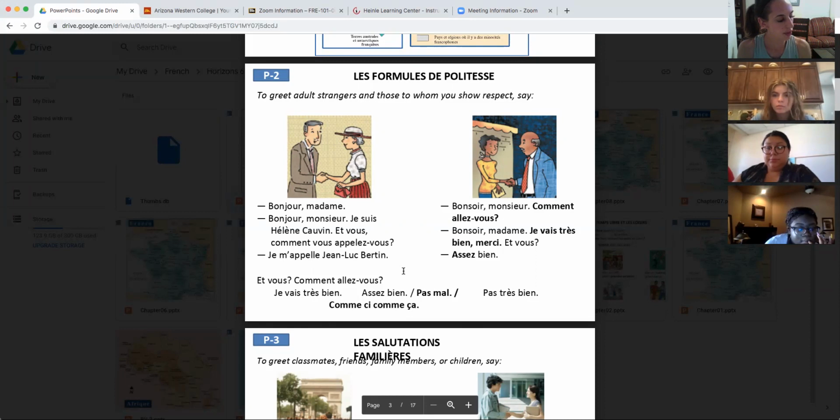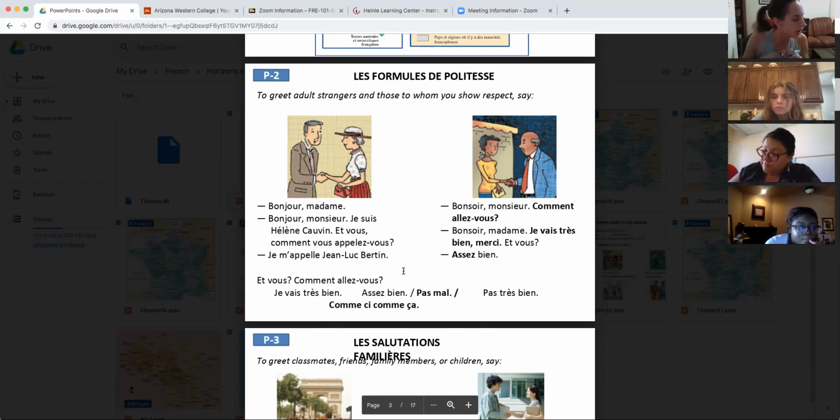So the tu form is one person, and the vous form is two or more people, or formal. Okay? So those are our two forms.